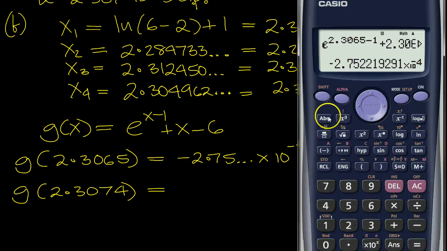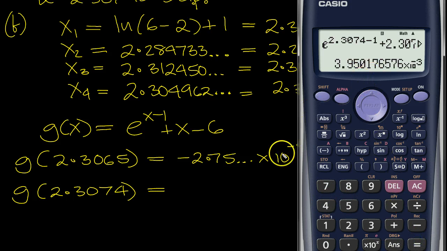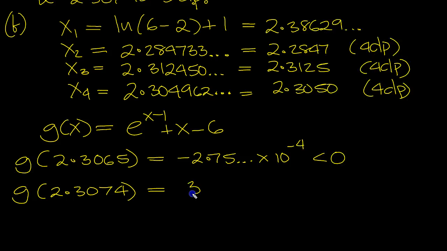Now let's try 2.3074 instead of 2.3065 there, and also in here, isn't it? Hopefully we get small positive. 3.95 times 10 to the minus 3, which is greater than 0.